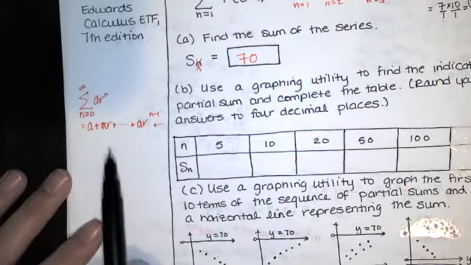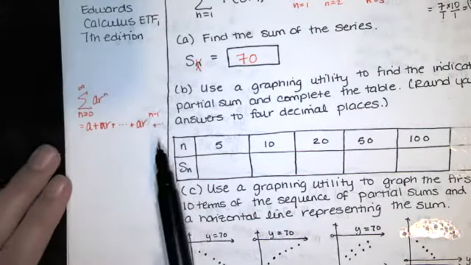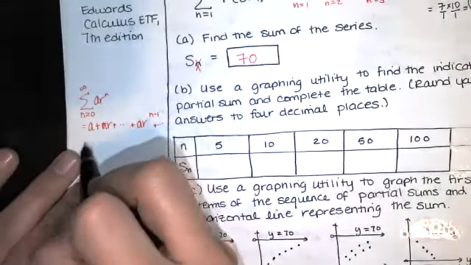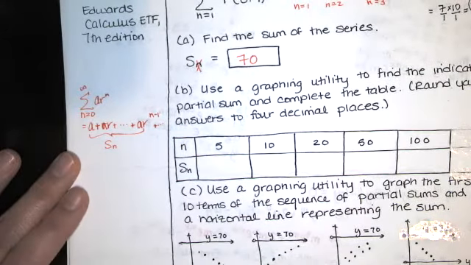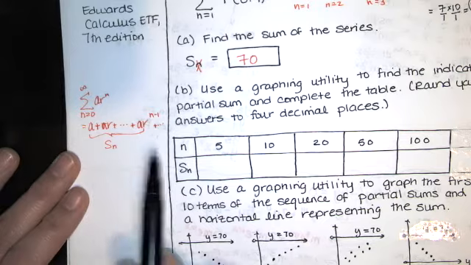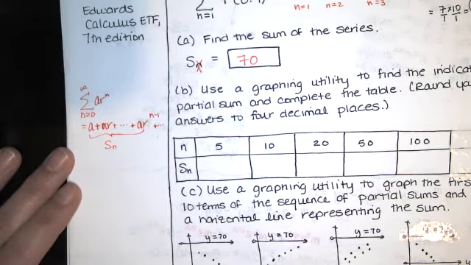If you're adding all of those and you keep going, well, that's the entire series. The nth partial sum is just that expression right there. It's the sum of the first n terms.